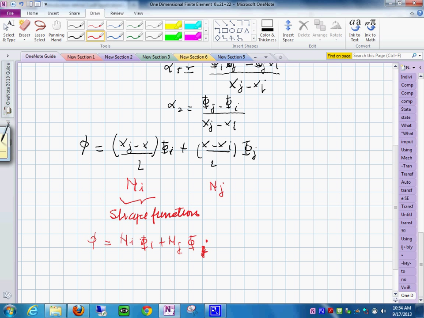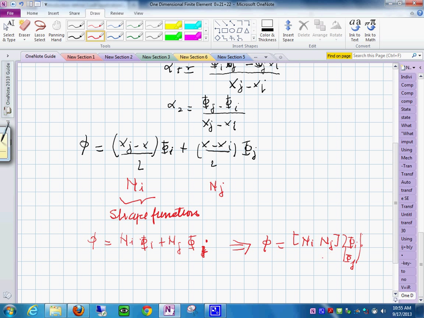This is very significant because we have developed the solution for one finite element, and what we're going to be doing today is expanding that solution to the others. In matrix notation you could have n sub I, n sub j multiplied by phi sub I and phi sub j.